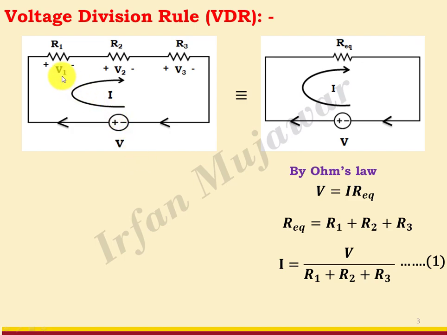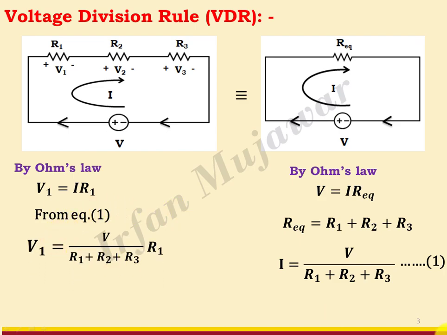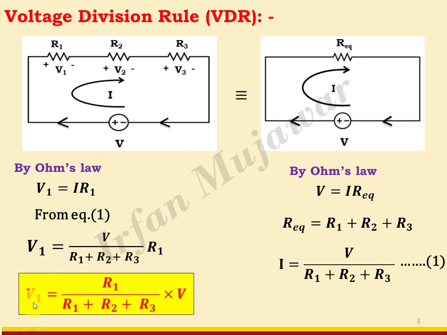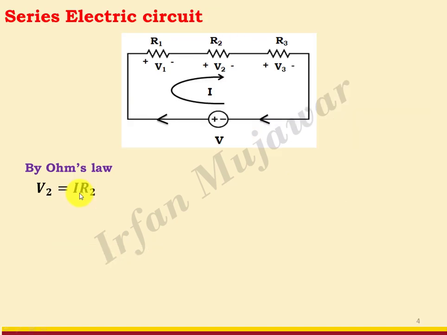Now let us apply Ohm's law in this first figure to determine V1, V2 and V3. By Ohm's law we can write V1 equal to I into R1, and what is I? We can write that from equation number 1. So from equation 1, I is V upon R1 plus R2 plus R3 into R1. So rearranging, we will get finally V1 equal to R1 divided by R1 plus R2 plus R3 into total voltage or the applied voltage.